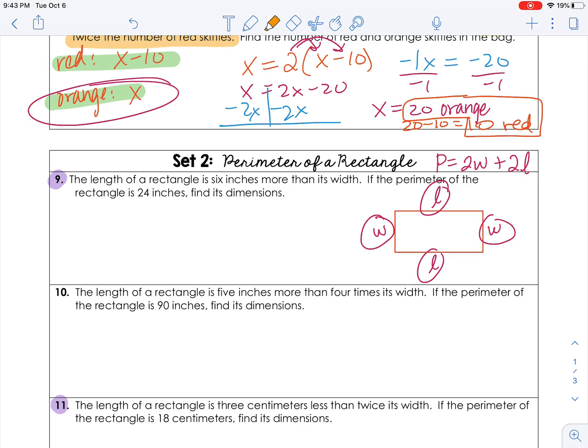So starting this problem, again, the exact same way we've done all the rest. The first sentence, only look at that first. The length of a rectangle is 6 inches more than the width.